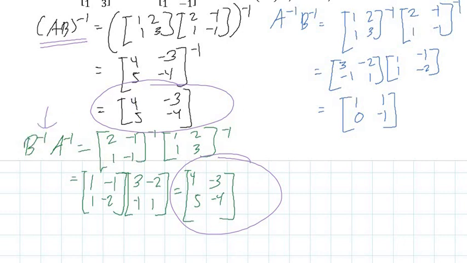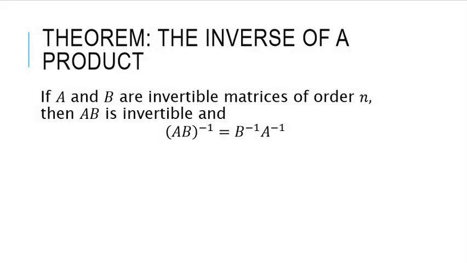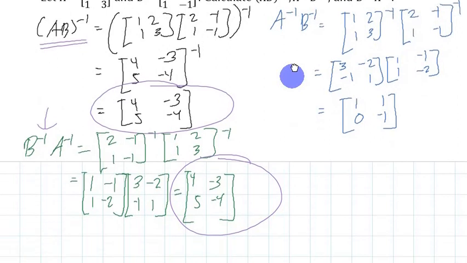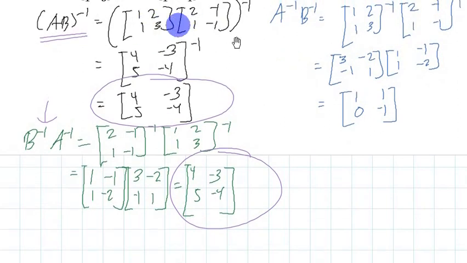And this is actually a theorem. If A and B are invertible matrices of order n, then AB is invertible, and the inverse of AB is actually equal to the product of B inverse and A inverse. Like what we've seen a while ago, the inverse of the product AB is the same as getting first the inverse of B and multiplying it to the inverse of A. Take note that order is important here.